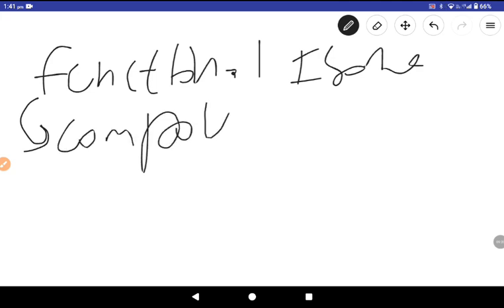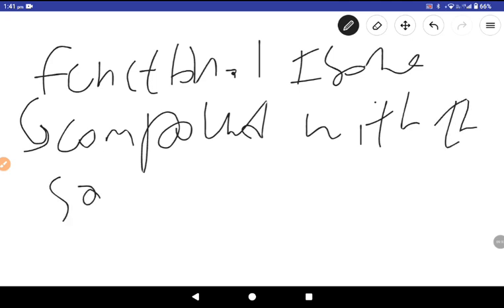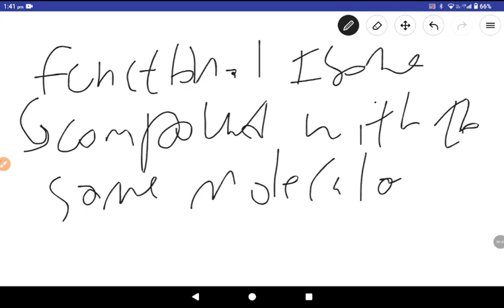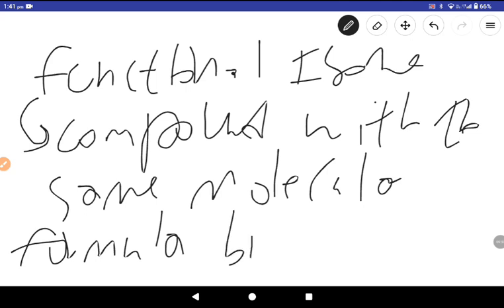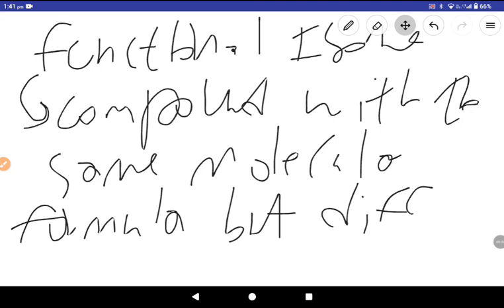compounds with, let me say, with the same molecular formula but different functional group.